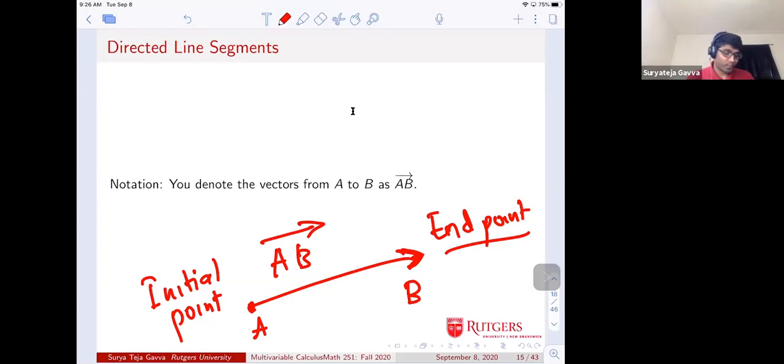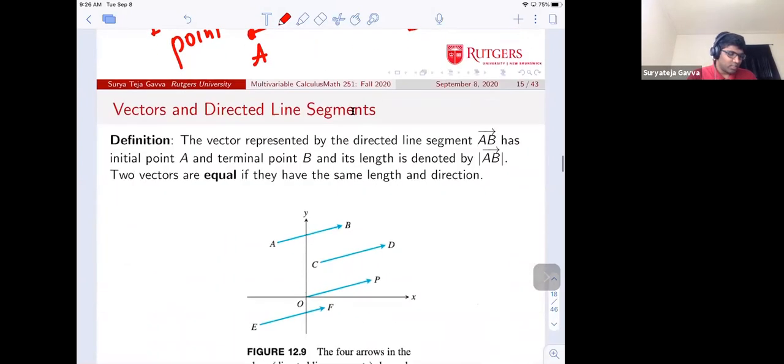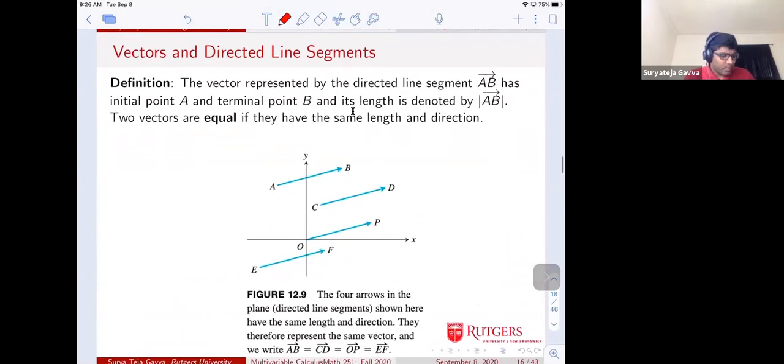So that's a vector. Okay, so there is some subtlety about vectors. It's nothing much, but as I said, vectors are represented by the segments AB, right? They start at an initial point A and terminal point B, and we denote the length as the absolute value of AB. Okay, AB is this geometric thing, right?